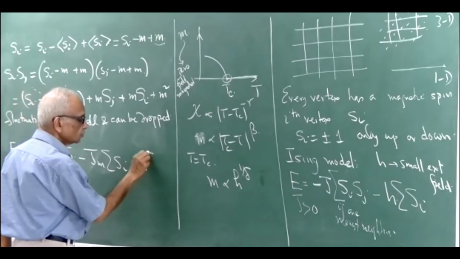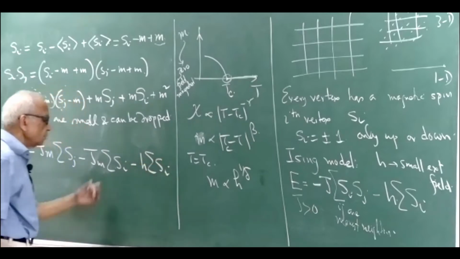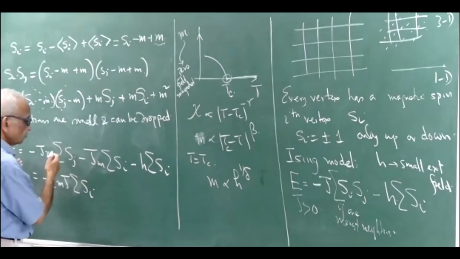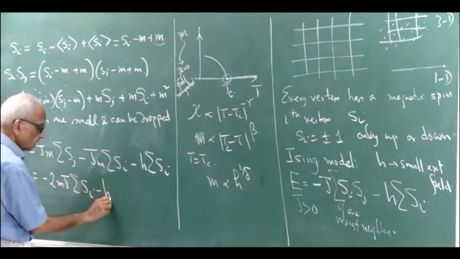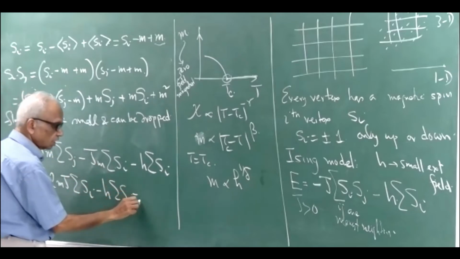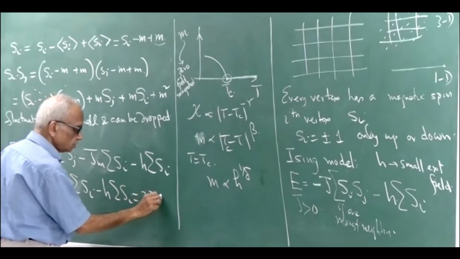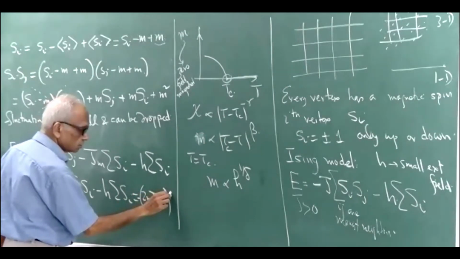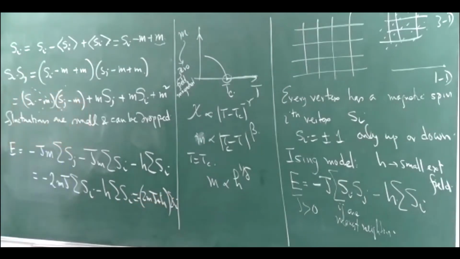But these two terms are the same, so it is minus 2 M J summation over S_i. This gives minus h summation S_i equal to 2MJ plus h with a minus sign and summation S. So in one stroke, you have reduced a very complicated problem to a trivial problem.